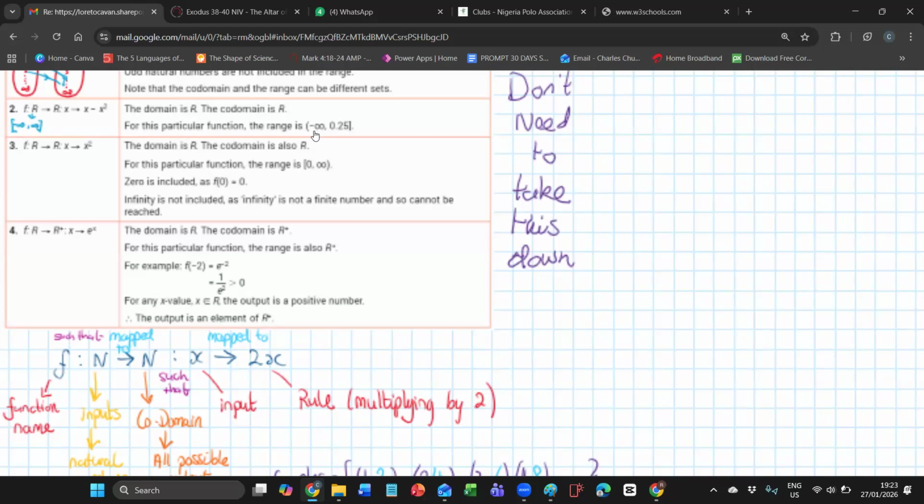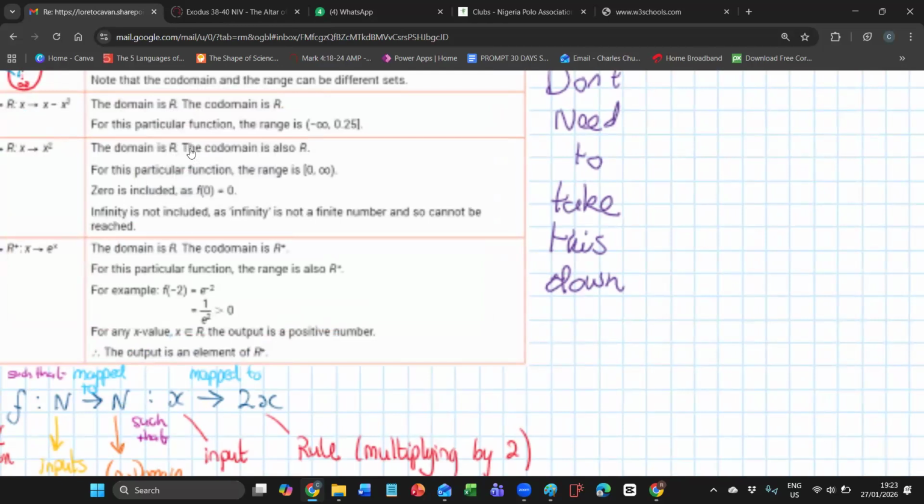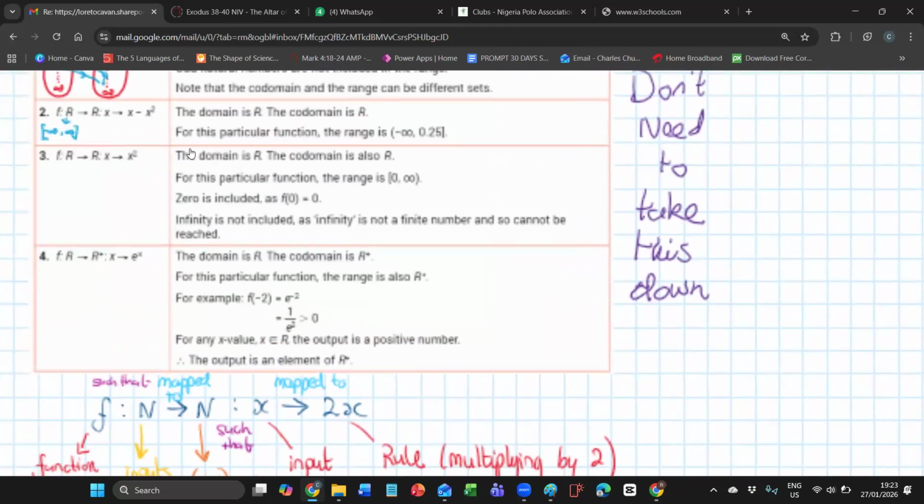From negative infinity to positive infinity, infinity squared, of course, that's going to be huge. But I'm just wondering why that 0.25 is there. Did she explain why this thing is closed on 0.25 but open on negative infinity?